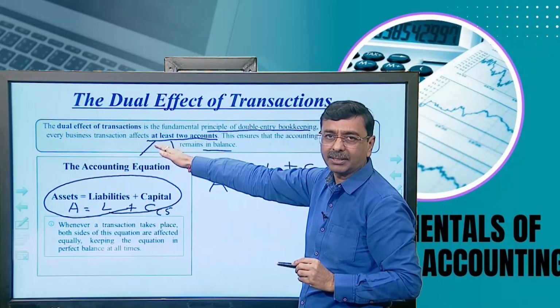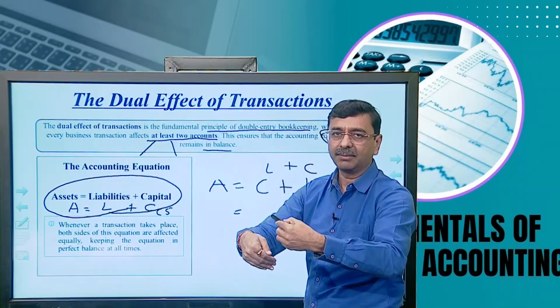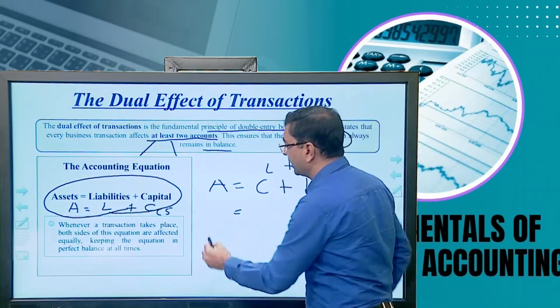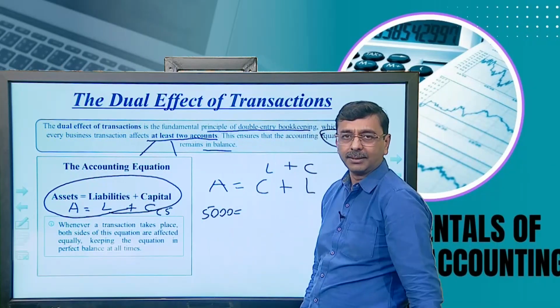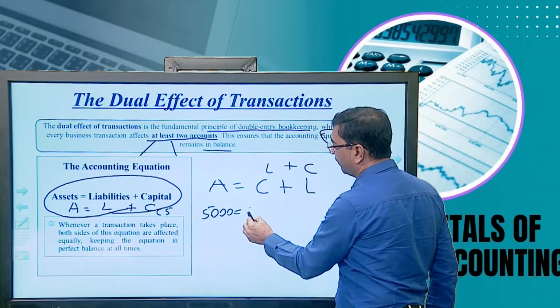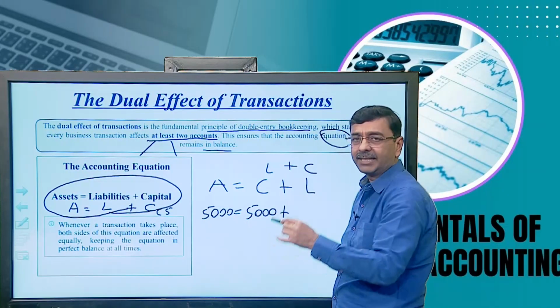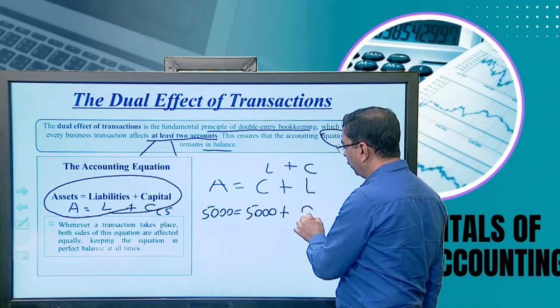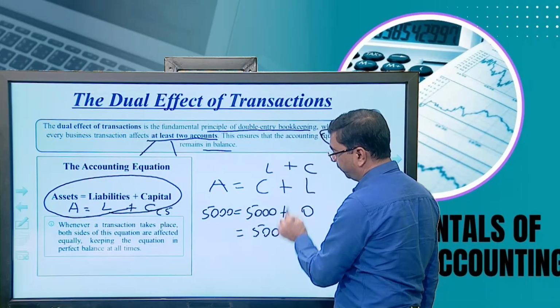In the previous transaction, I explained that 5,000 rupees cash comes into the business. Cash is an asset, so 5,000 rupees is assets. It comes into the business in the form of capital, so 5,000 rupees is capital. Is there any liability in this transaction? No. So how much is capital? 5,000.